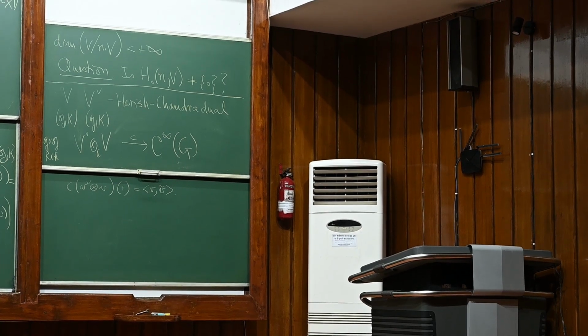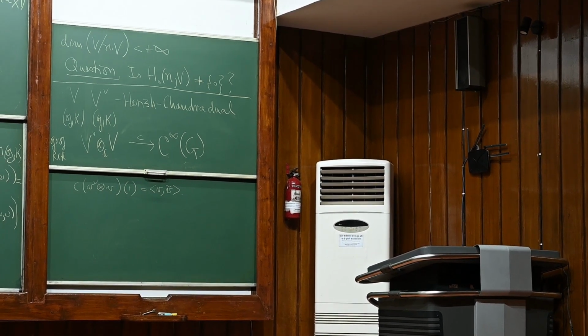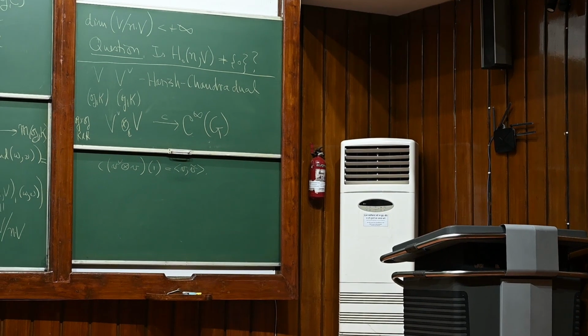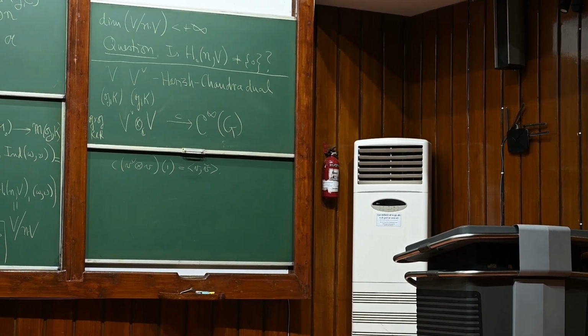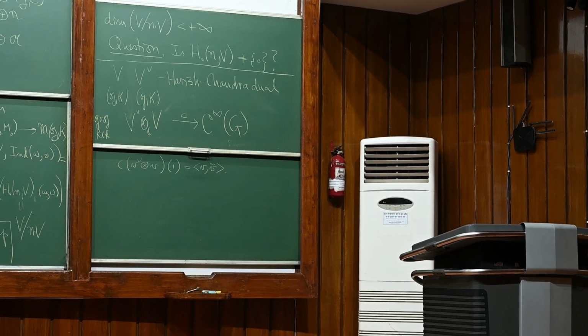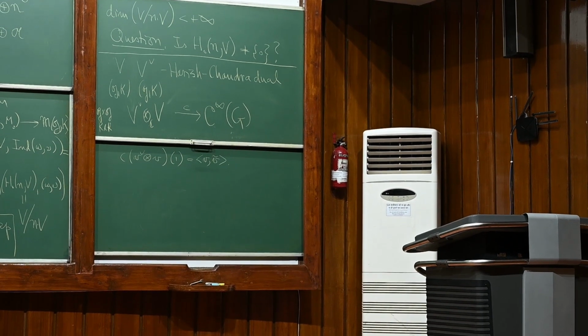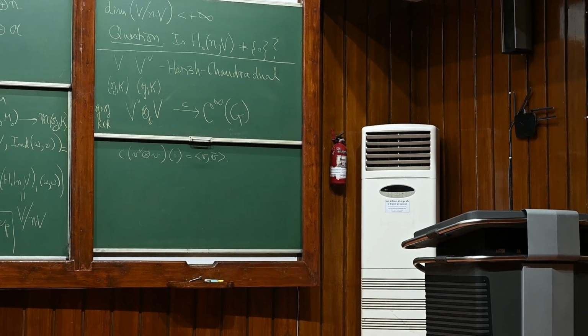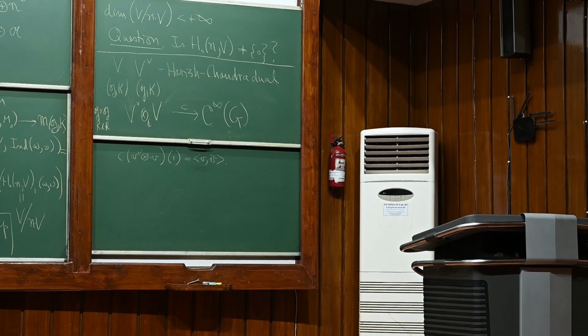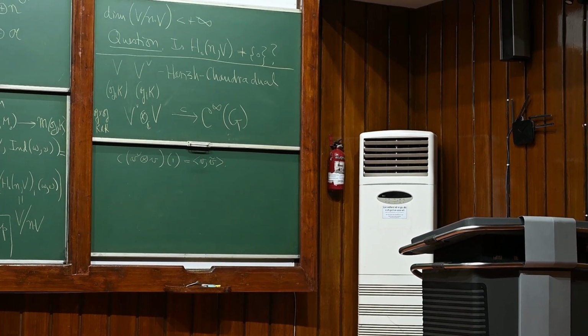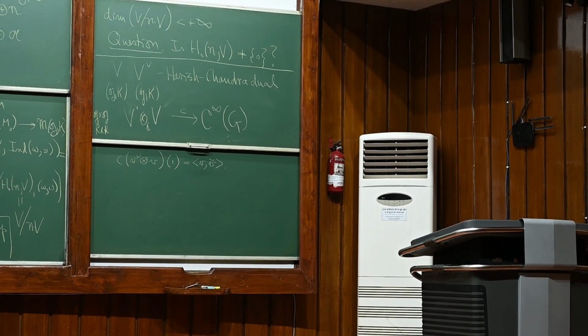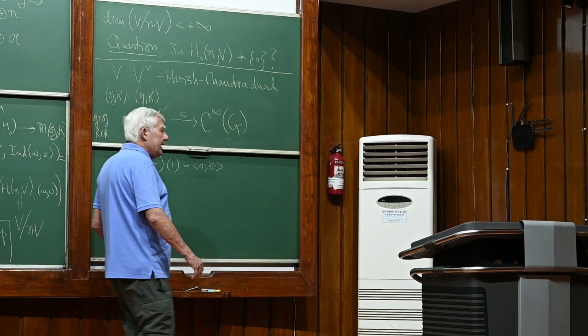So again, using these tricks we discussed, first of all, using an ellipticity argument, you can show that matrix coefficients are always real analytic functions, and then you see that if they exist, they are unique.